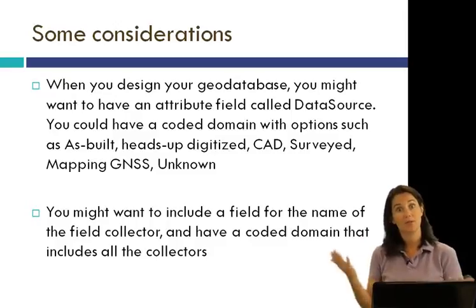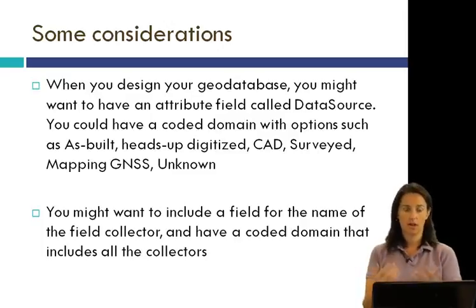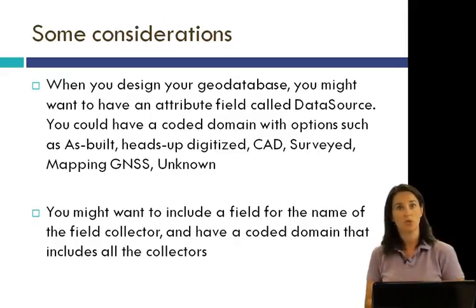You'll actually be able to tell from the attribute table. You also might want to include a field of the field collector. So you could have a coded domain that has the names of all the field collectors and out in the field, if Johnny's out collecting data and it says collected by, he would tap Johnny. So whenever you are looking at data, you will know who collected the data.